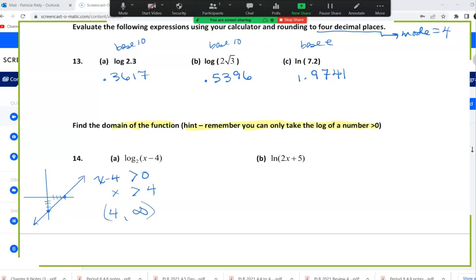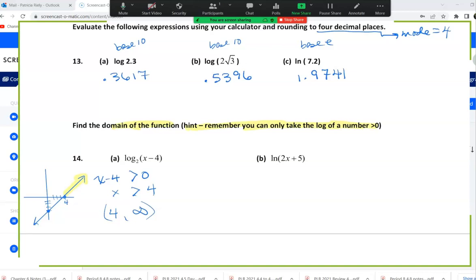So the way I got my answer was to make sure that that argument had to be greater than 0. So that's where that happens. This is 4, and this is going on to infinity. So that is my interval notation expressing the domain of this function. So those are what the x's can equal to be a legitimate log term.